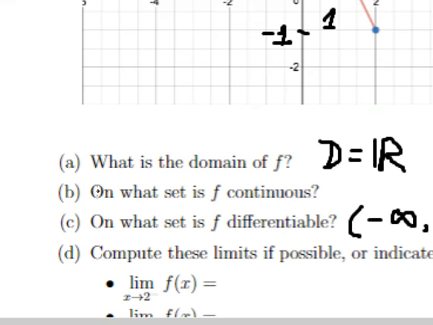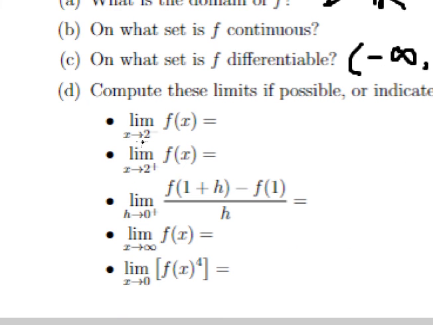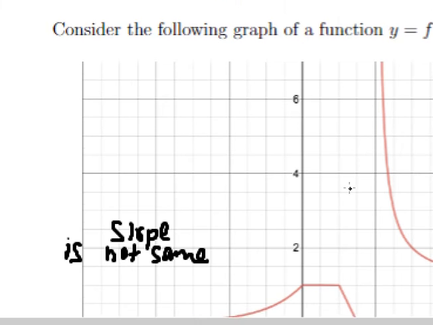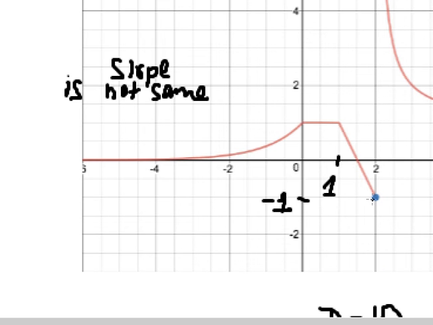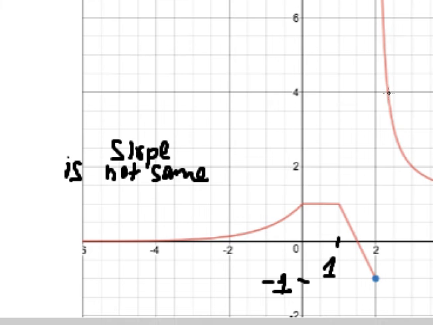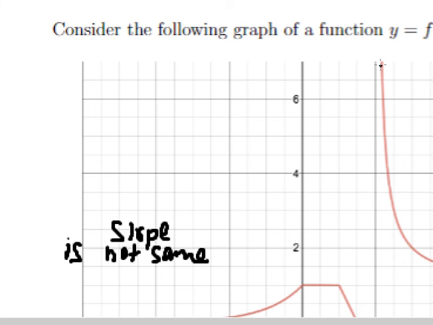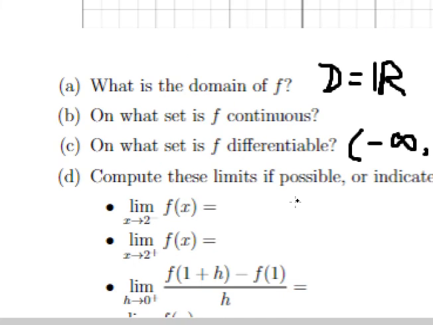Question D. We need to find the limit as x approaches number 2. So as x approaches number 2, we can see that the limit on the left goes to negative number 1. The limit on the right goes to positive infinity.